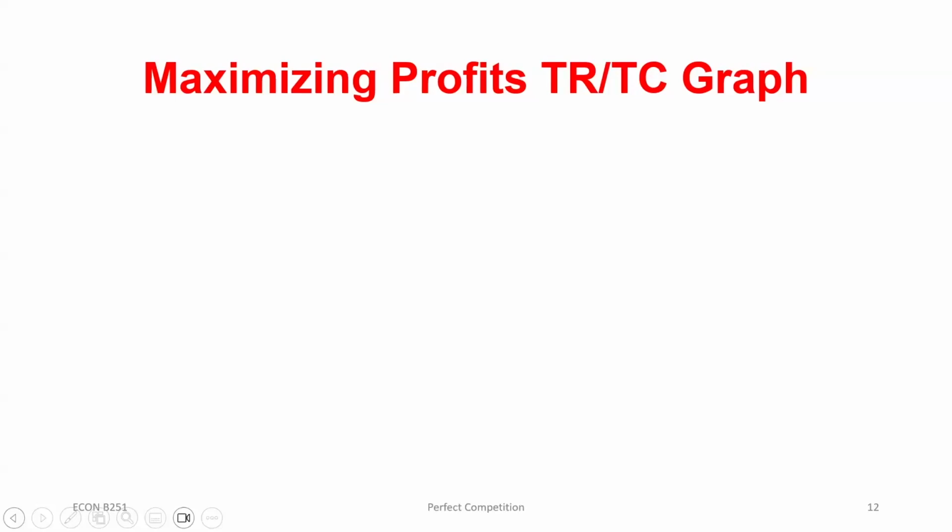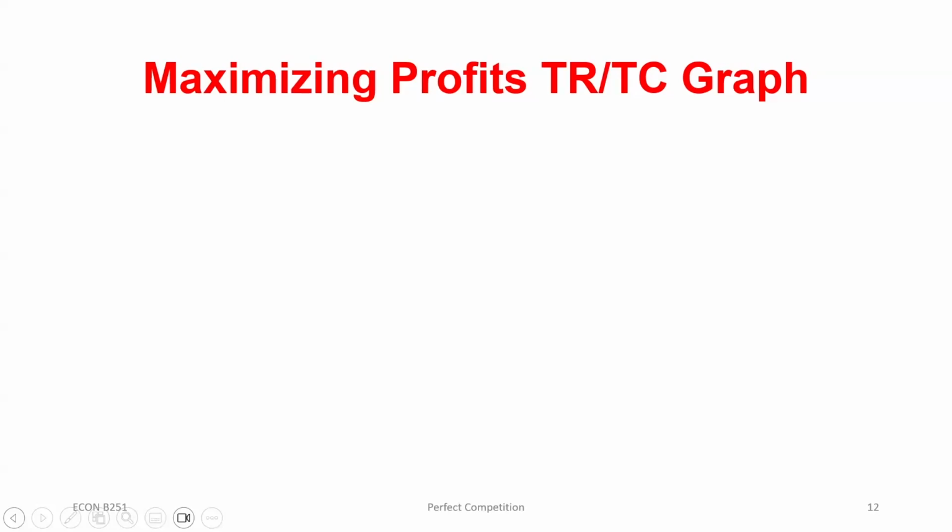Right? At every quantity before that, as I produce more, my profits are going up, or there's a positive change in my profits. At every quantity past this point, the change in my profits is negative, or my total profits are going down. Okay? So the point where total profits are maximized is going to be where the marginal revenue of the last unit sold is exactly equal to the marginal cost.